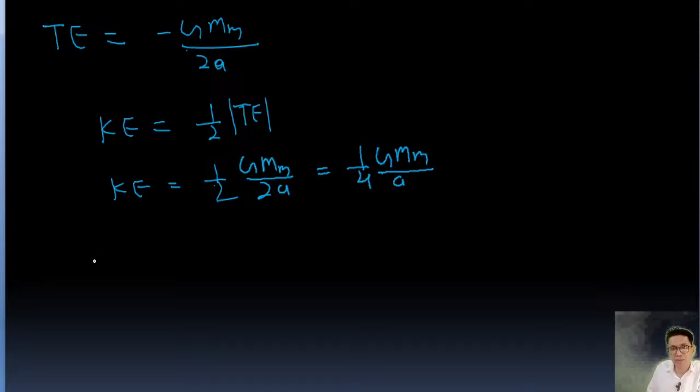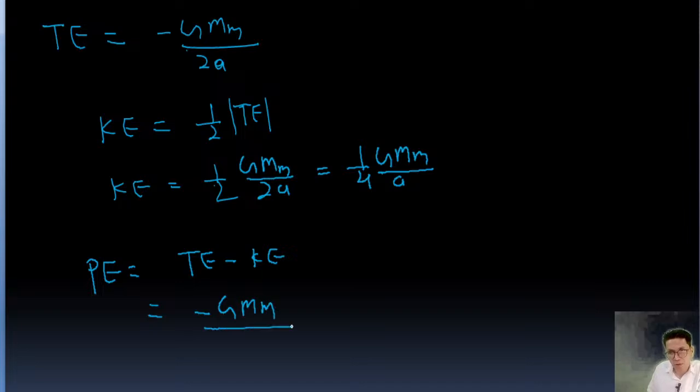So now we can find potential energy. Potential energy is total energy minus kinetic energy, right? So the total energy is minus GMm upon 2a, minus the kinetic energy, which is 1 by 4 GMm upon a.